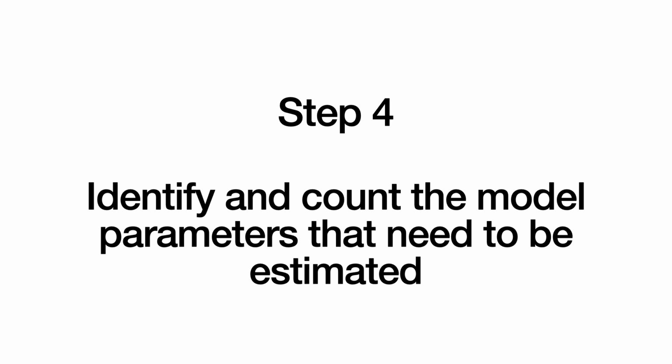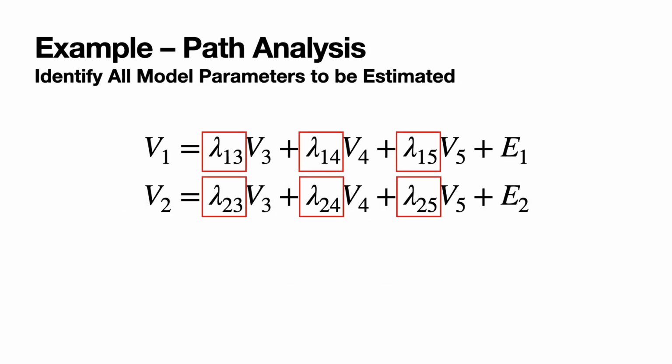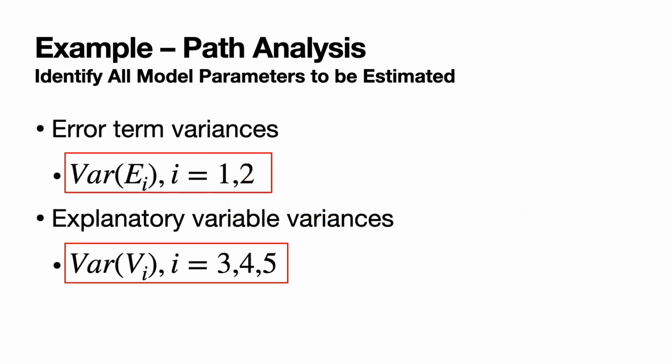Step 4 is to identify and count the number of model parameters that need to be estimated. And so in the regression type of equations comprising the SEM, we see that we have 6 slope coefficients that we're going to have to estimate. We have some error term variances to estimate, the variance of E1 and the variance of E2.